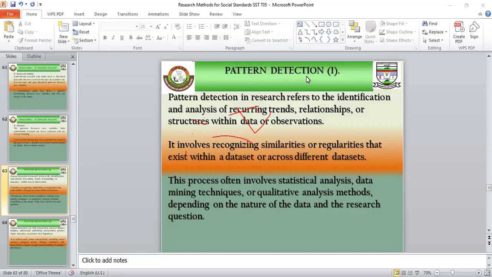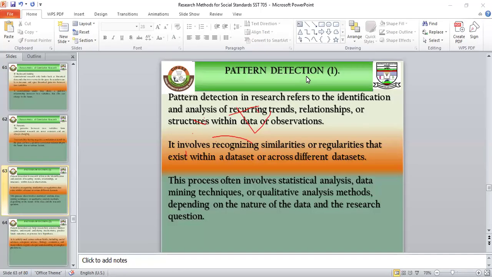We also recognize regularities that exist within a data set or across different data sets. It is a process that involves statistical analysis, data mining techniques, and qualitative analysis methods. It all depends on the nature of the data and the research question.